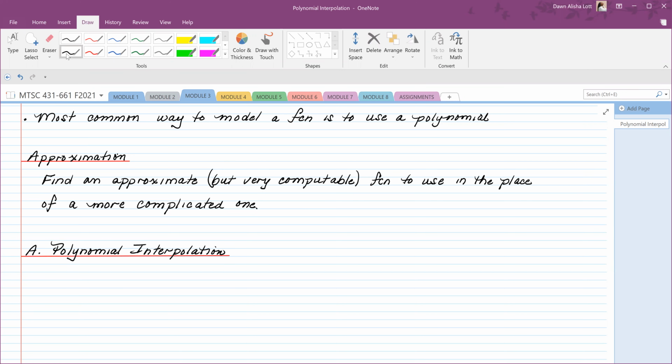So we want to select a polynomial P of x that passes through a finite set of data points.